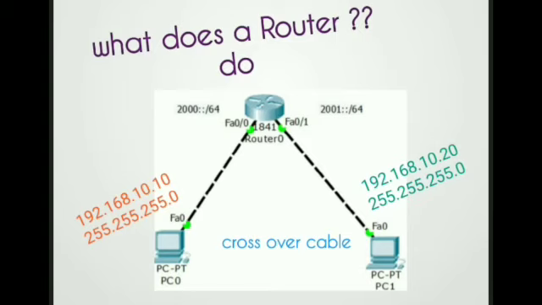So we assign IP addresses to each device. One device has the IP address 192.168.10.10 and another PC's IP address is 192.168.10.20. So both IP addresses are in the same network. We can tell it is the same network because the first three octets of the address are the network portion. Here the subnet mask 255.255.255.0 shows that the first three octets are the network portion of the address.